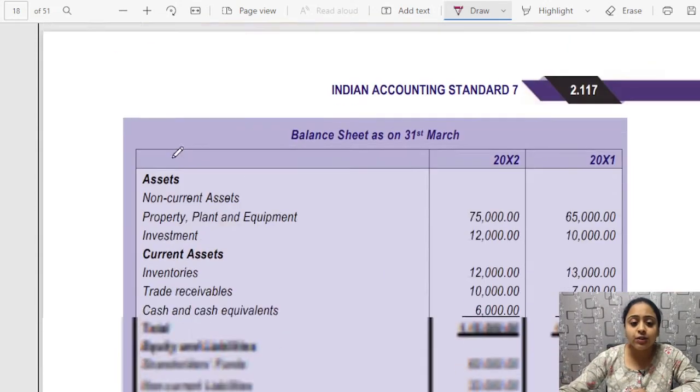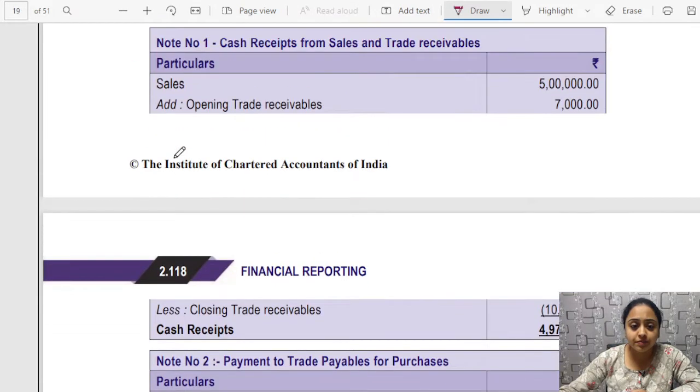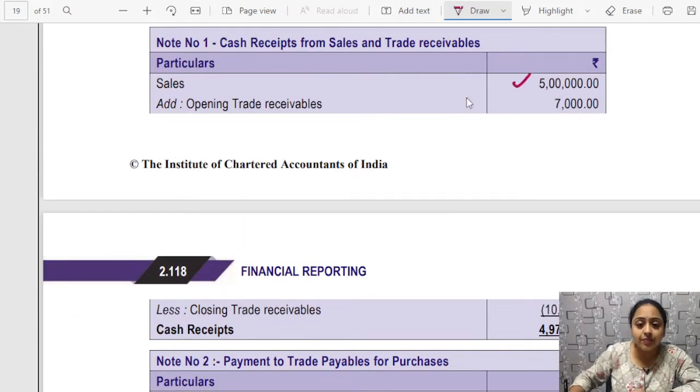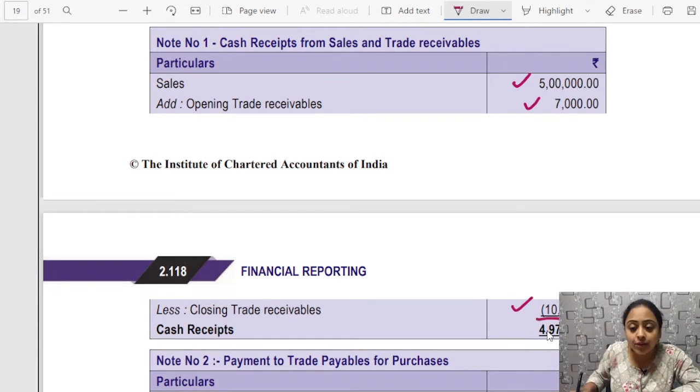See the note. First of all, sales of 5 lakh, opening debtors will be added, and then closing trade receivables that are still pending will be deducted, and the amount that you get is your cash receipts. So for the direct method you will start with 4,97,000, after adjusting the opening and closing debtor amounts. Do you get this?